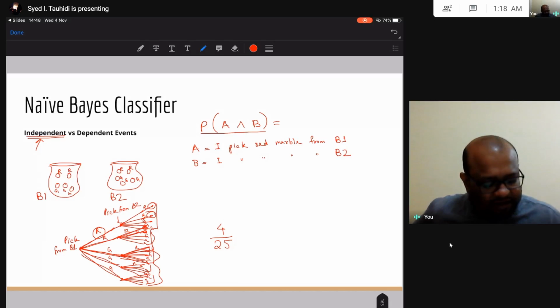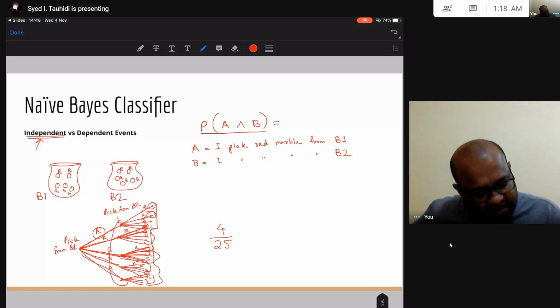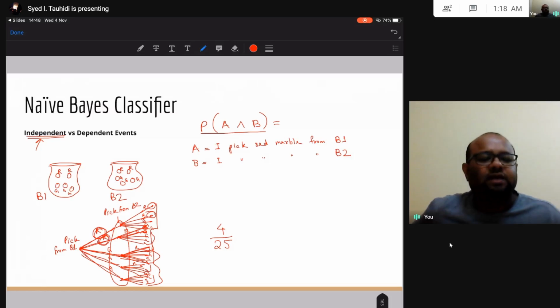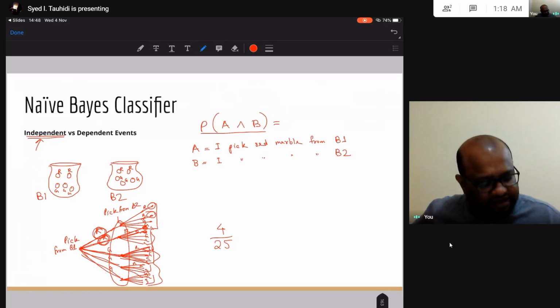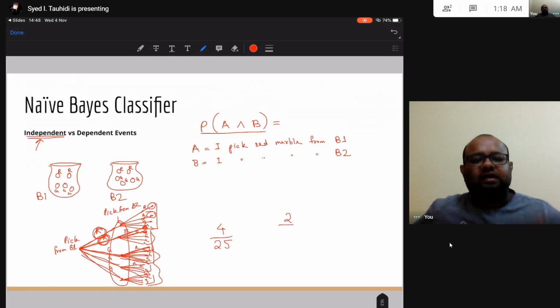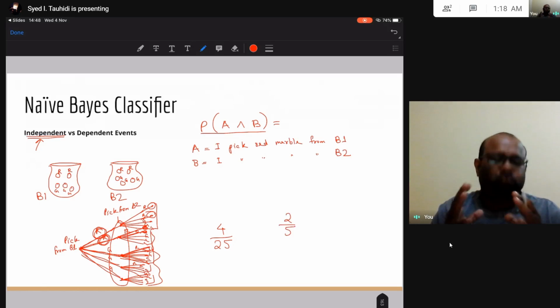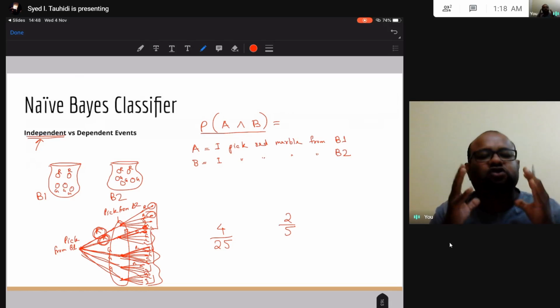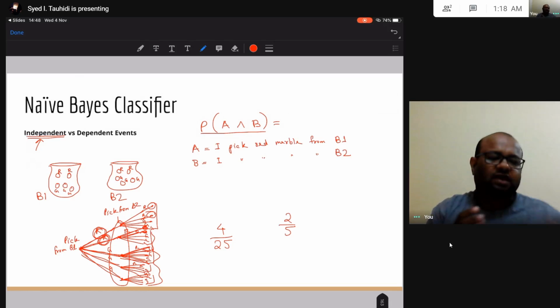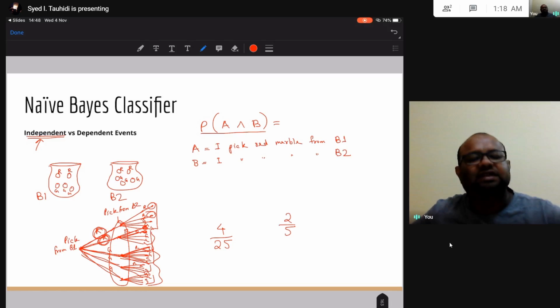So what is happening? Up to this point, there are 5 events possible. Out of these 5 events, 2 of them are of my interest, right? So 2 out of 5 is the one that I choose. Now after choosing this 2 out of 5, I ignore all the other events, the other 3 out of 5.